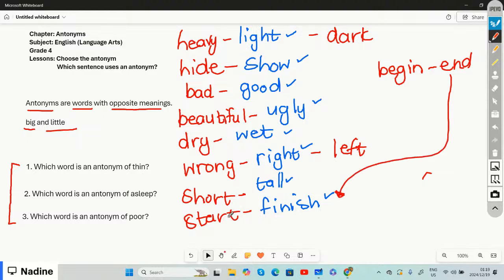So, yes, you can even say start and end, begin and finish. It's really up to you. But either way, that is correct because you gave me all the words that are opposite of certain words that I just mentioned. So well done. And we call that antonyms.